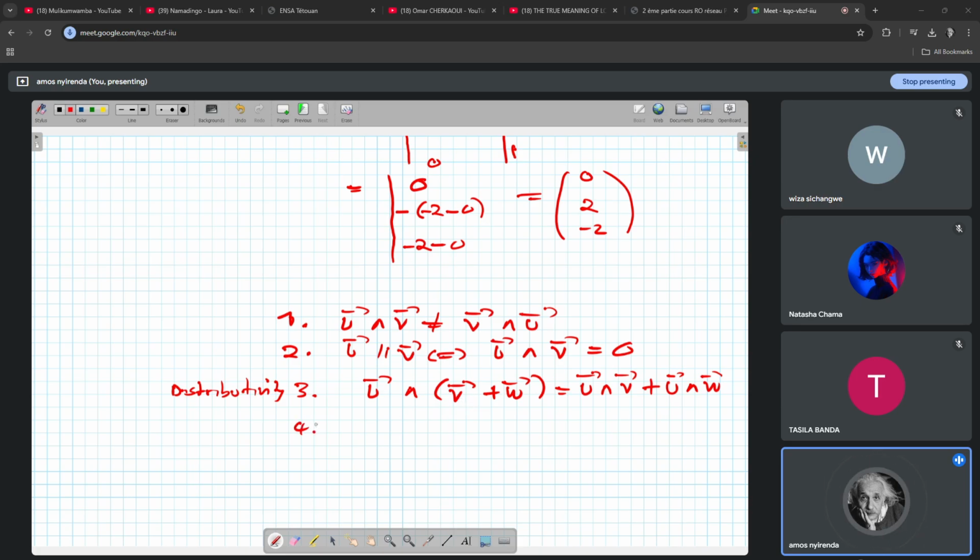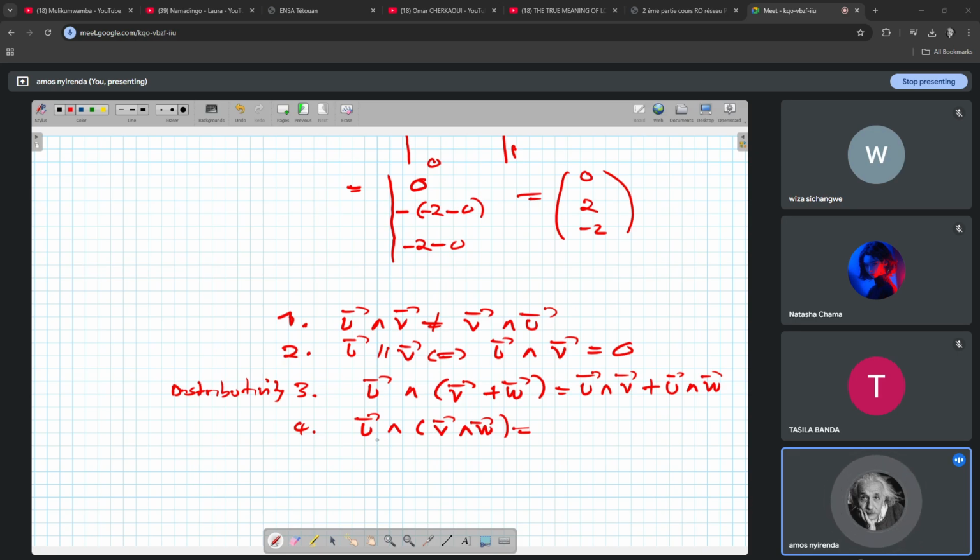Bien. Now, the fourth property is what is known as double produit vectoriel. So you have u vectoriel, and then inside we have another vector product, maybe between v and w, like so. Well, this is going to be equal to. Now you have to look for a way to memorize this formula.